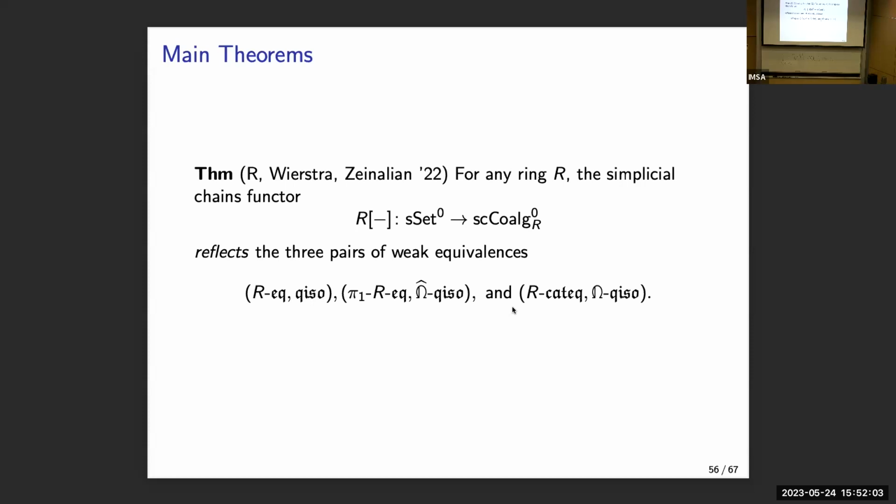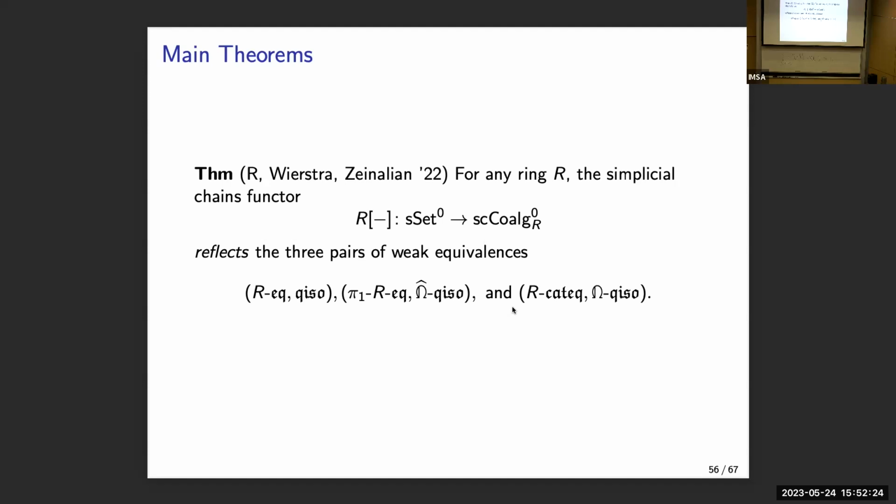Namely, a map is a weak equivalence in simplicial sets if and only if it's a weak equivalence at the level of coalgebras after you push it with this functor, for these three pairs of weak equivalences. We sort of discussed this already.